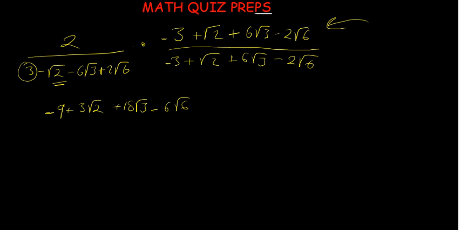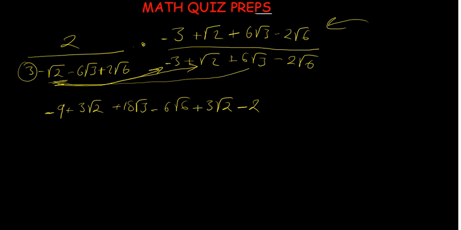Now we are multiplying root 2 by this. It will be positive 3 root 2. Again the root 2 by that. That will be negative what? Negative root 2 by root 2. Negative 2. And then negative 2 root 2 by this portion.